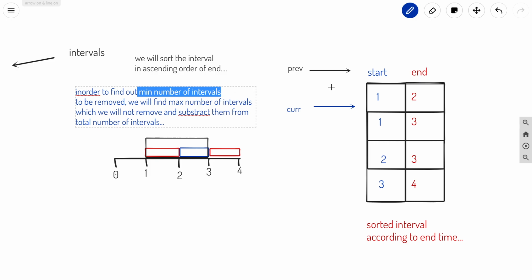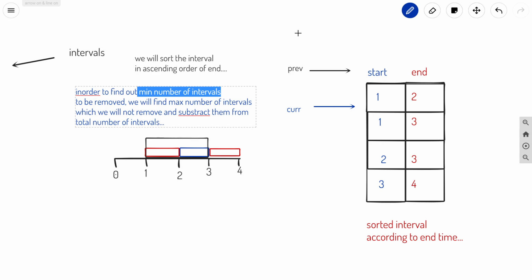So for this, what we will do, we will have a previous pointer with us and a current pointer with us. If for the current pointer our start i is greater than or equal to the end of our previous pointer.